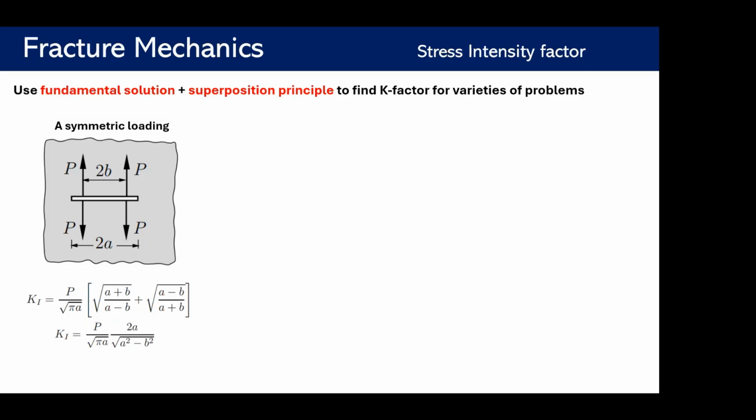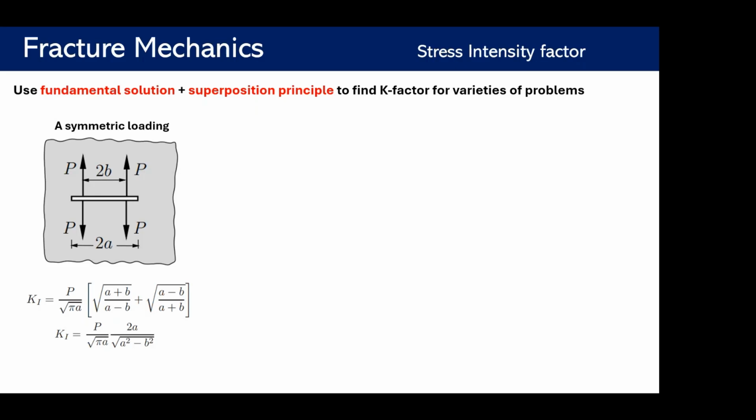We have two coupled forces applied symmetrically to the fracture surface, but those are concentrated forces. How can we find the stress intensity factor for this problem based on the fundamental solution? It's very easy. You can always use superposition because your system is linear and elastic, and you can combine the stress intensity factors of different loading cases together.